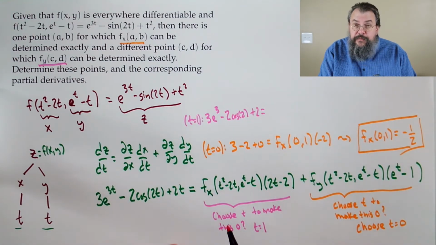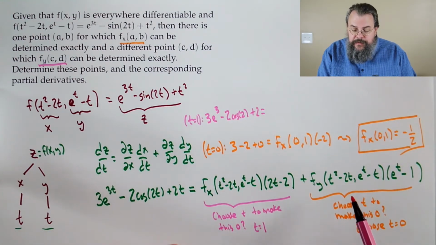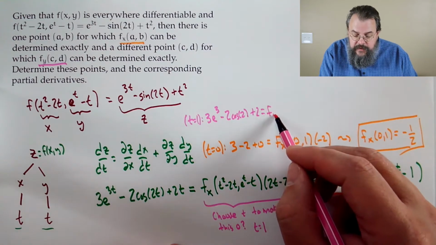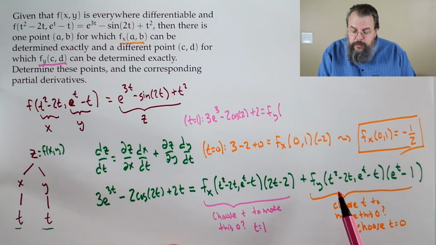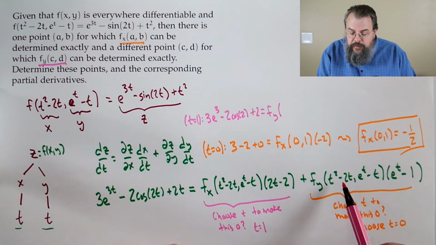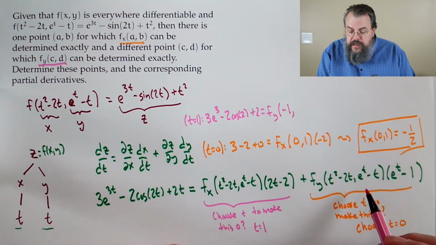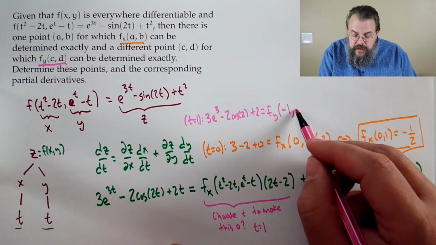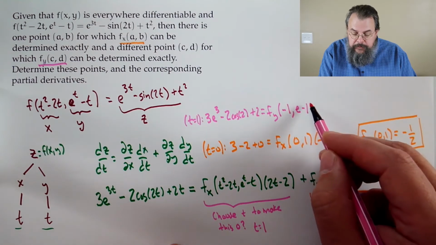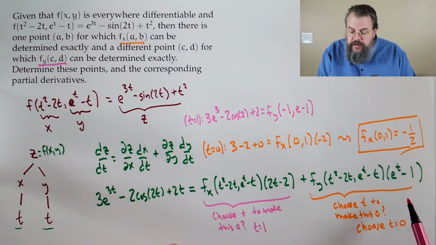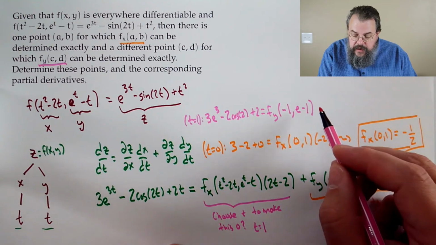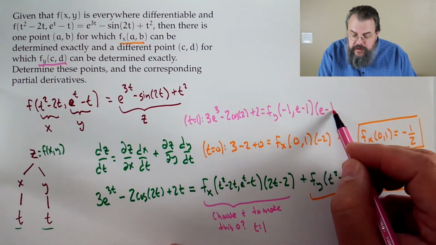Okay, this term goes away. So then we have f sub y, and 1 squared minus 2, that's negative 1, comma, e to the 1 minus 1, e minus 1, times e minus 1.